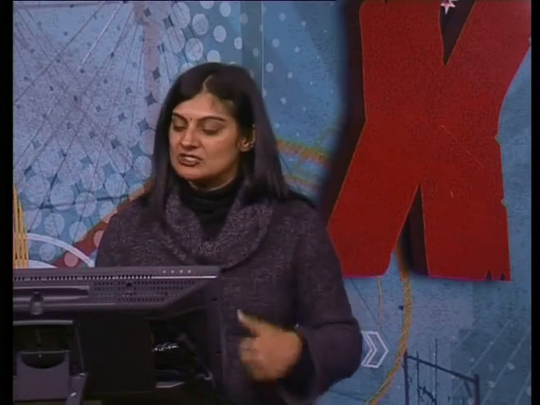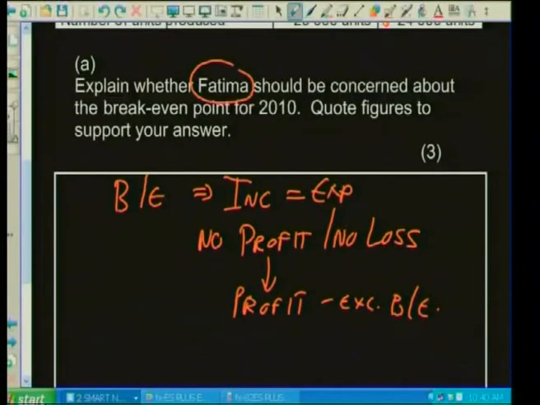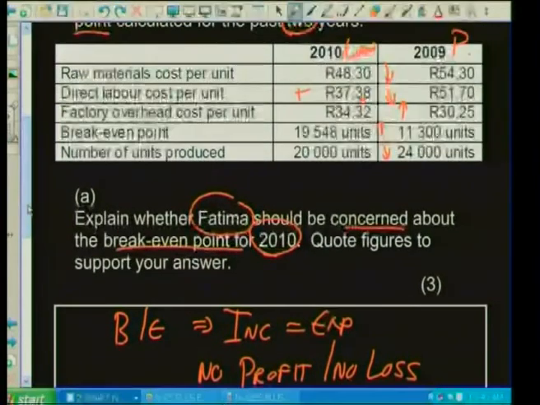The moment I manufacture above break-even, I'm making a profit. The moment I manufacture below break-even, I am making a loss. So this question is asking us whether the owner, Fatima, should be concerned about the break-even point for 2010. So let's go to our info above and let's inspect.